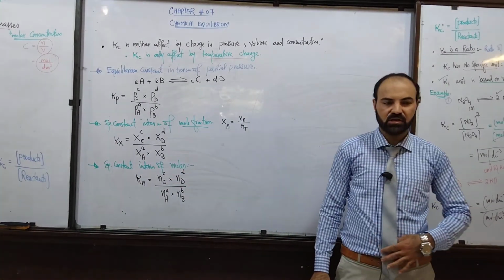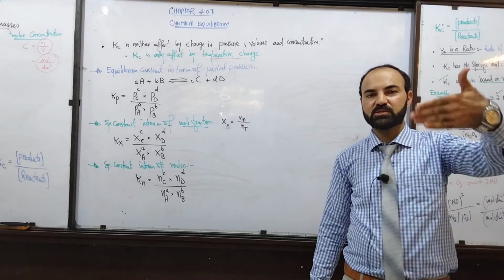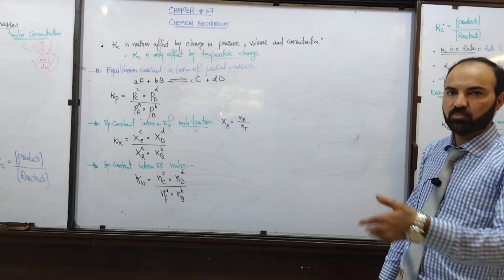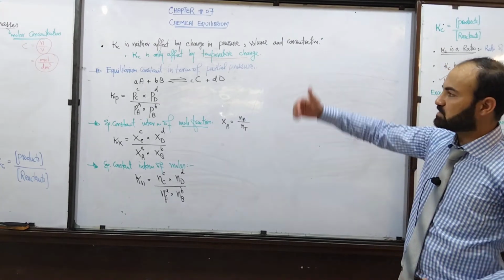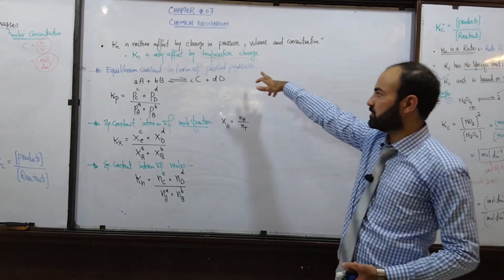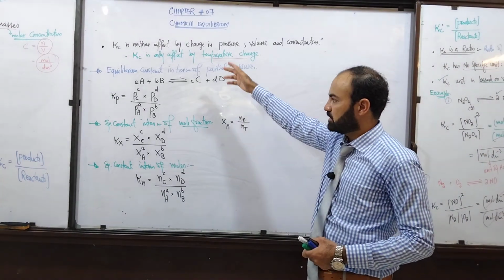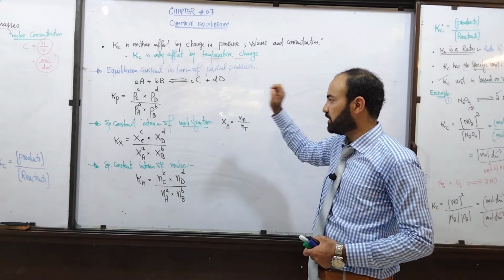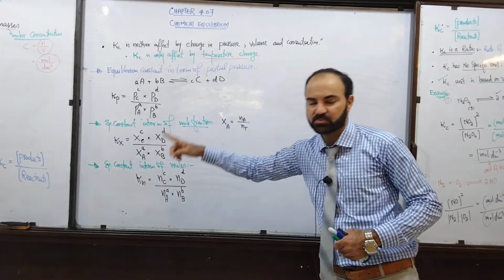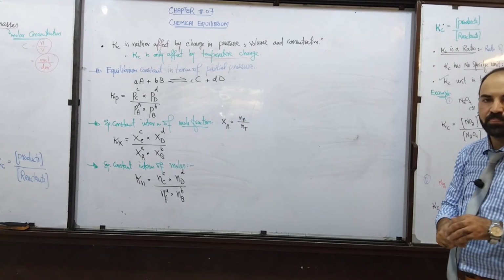So now, dear students, for a chemical reaction we can express the equilibrium constant in different terms. If I look at the molar concentration, the equilibrium constant is known as Kc. If I look at the partial pressure of the gaseous substances, the equilibrium constant is known as Kp. In the case of mole fraction it is Kx, and in the case of number of moles it becomes Kn.